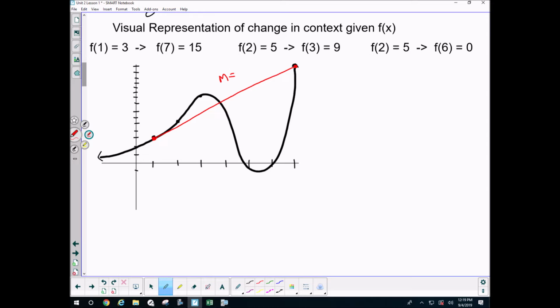Here the slope was 2. Here the slope was 4. And the slope gave us the change of the function on average over the interval. Slopes equal change.